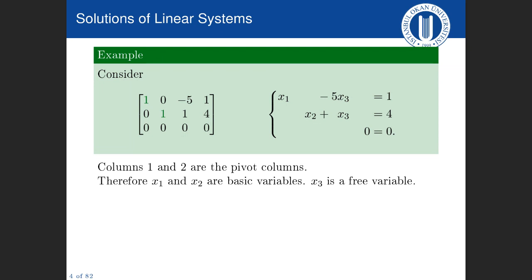We can see where the pivots are. The pivots are in the first column and in the second column. So column 1 and column 2 are the pivot columns. That means that the first two variables, x1 and x2, are the basic variables, and the other variables, which in this example is just x3, are the free variables.